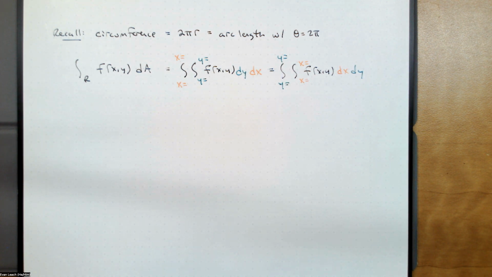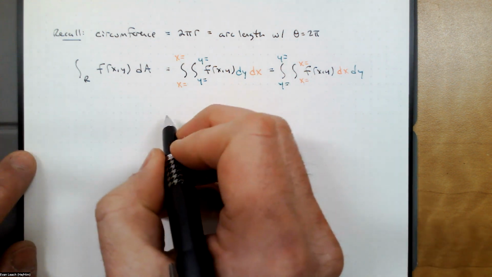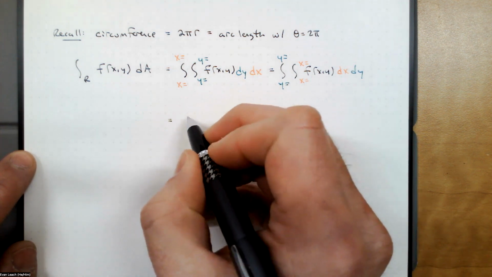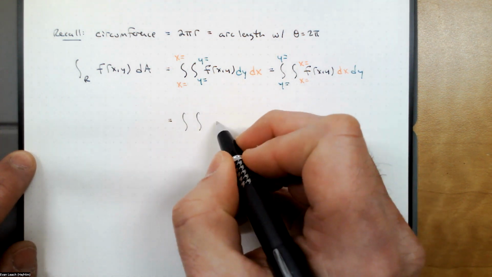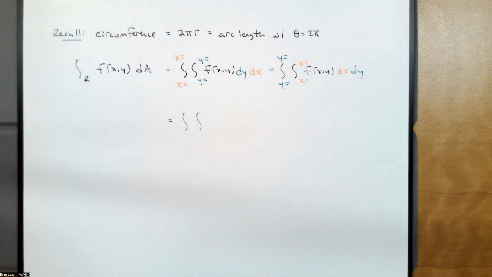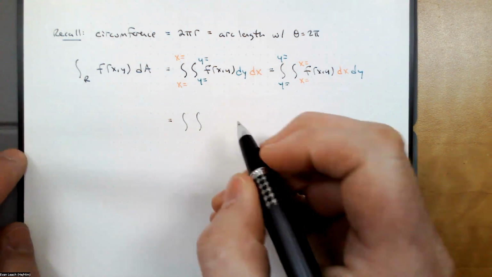Or we could do this in polar coordinates. Now we're going to have to convert our function of x and y to some function of r and theta. So we'd have to rewrite the function in polar coordinates.